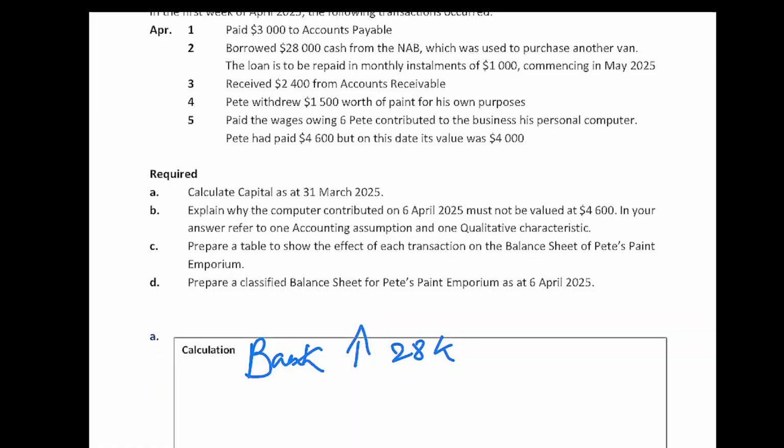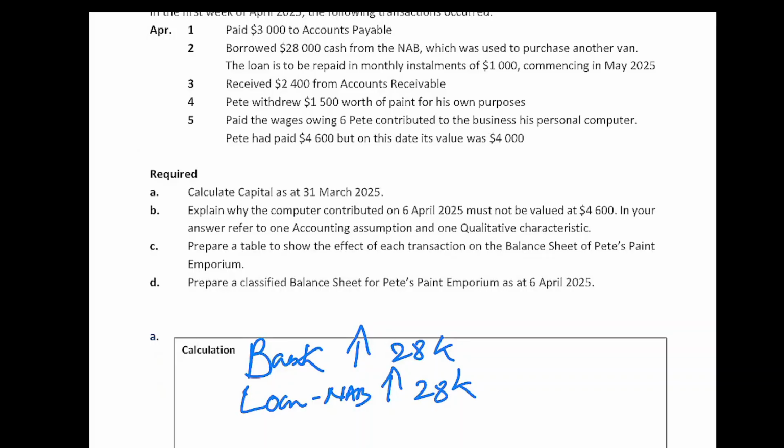What is the other item affected? Liability. Which liability? Loan. What happens? Increases 28k. That is one thing. Then after that, the money comes to your bank account.